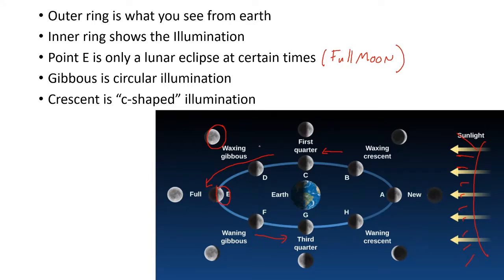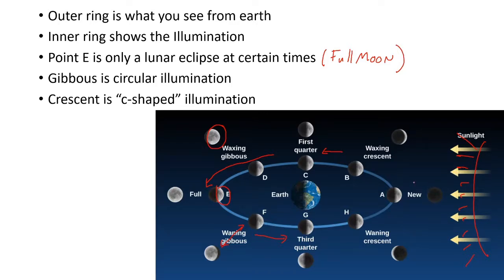Then as the moon moves over here, it's getting even more sunlight, and we're seeing it waxing gibbous, getting bigger and bigger, and then we can see the full moon. Then when it moves over here to point F, we see that it's waning, that the lit spot's getting smaller and smaller. And then here, we're only going to see half lit.